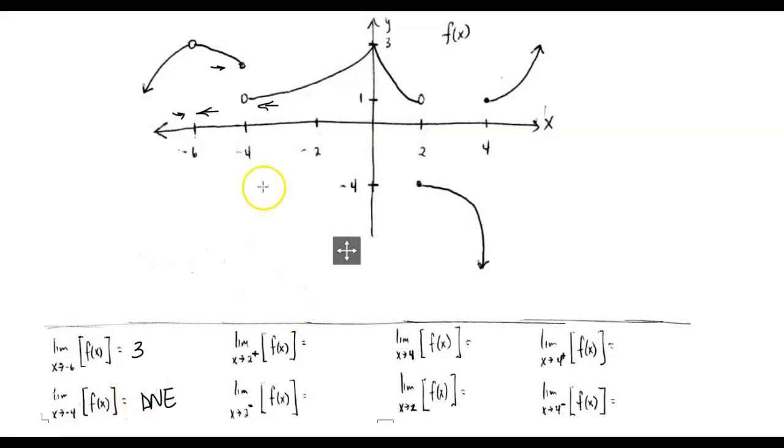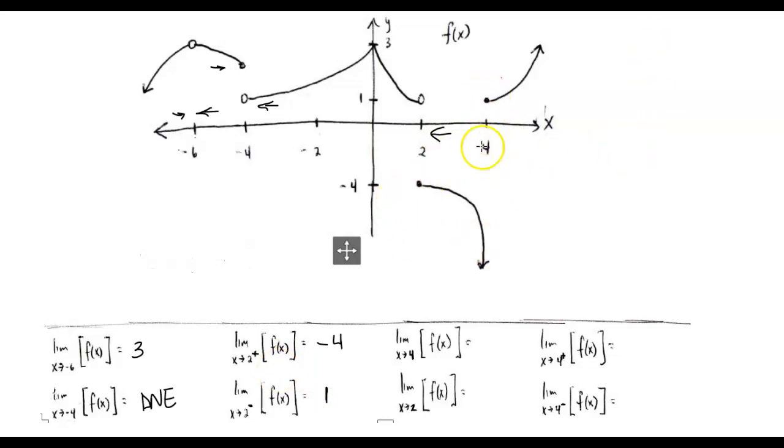So if we look here at x equals 2, we see that the behavior of this function as x approaches 2 coming from the right, it is approaching a y value of -4. If we look at the same location and look at the behavior of the function as x approaches 2 from the left of x equals 2, then it's approaching a y value of 1.